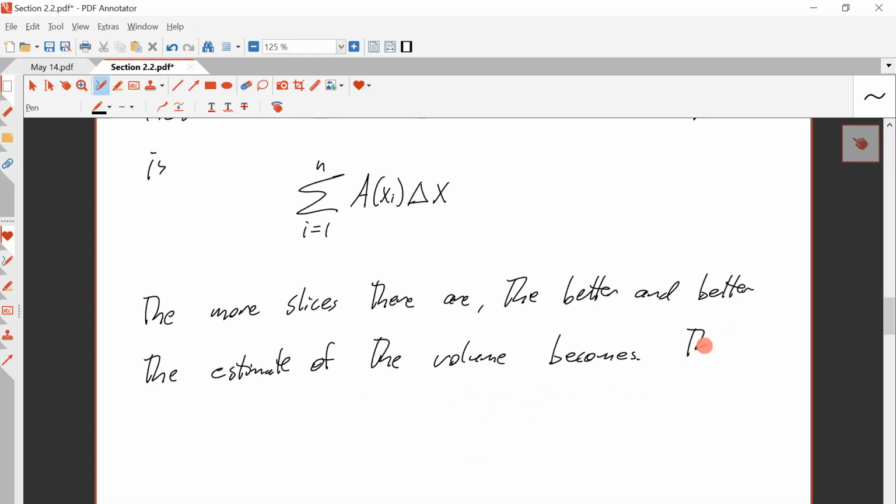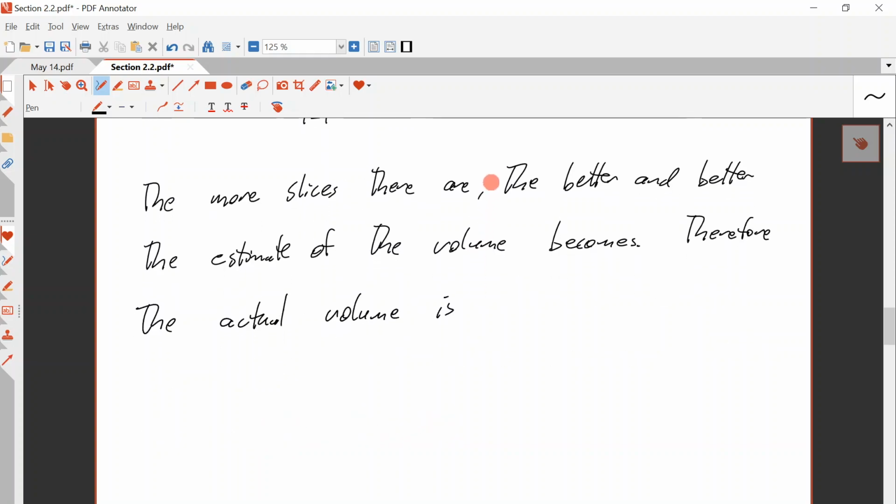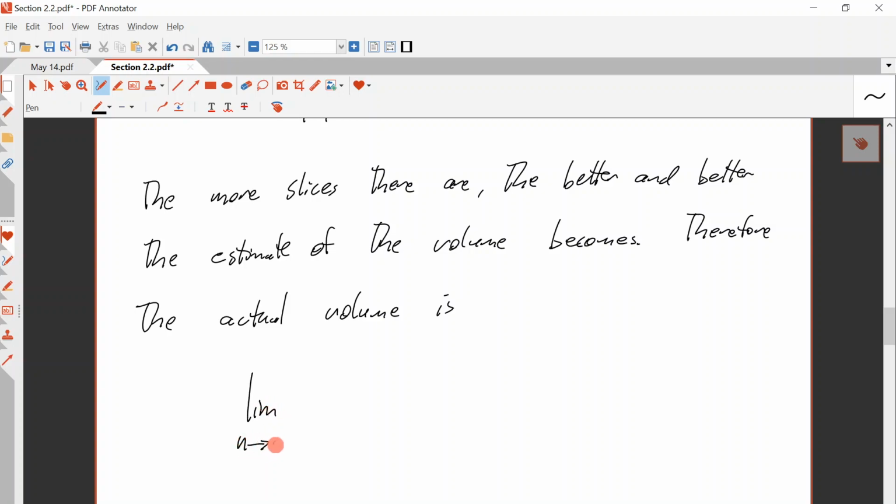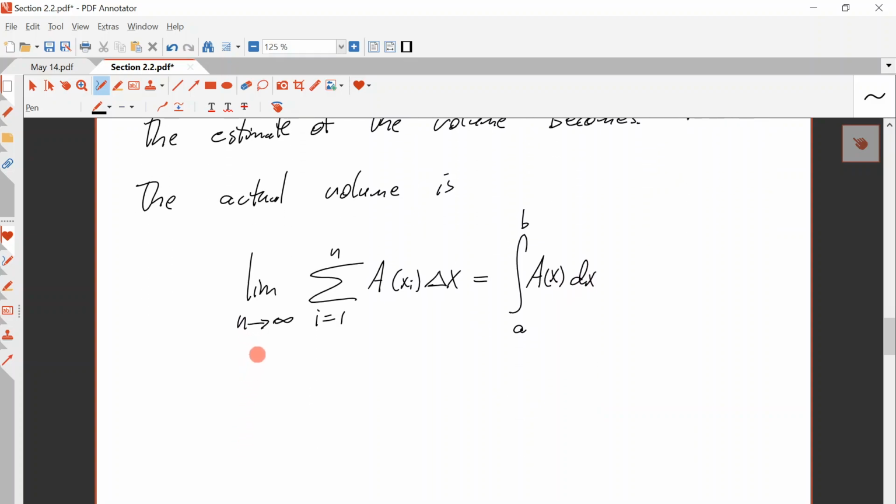Therefore, the actual volume is the limit as n goes to infinity of the sum, i equals 1 to n, of A(xi) delta x, which by definition is the integral from a to b of this function, A(x) dx. Right, so we are interpreting the integral as a volume measurement, no longer an area measurement.